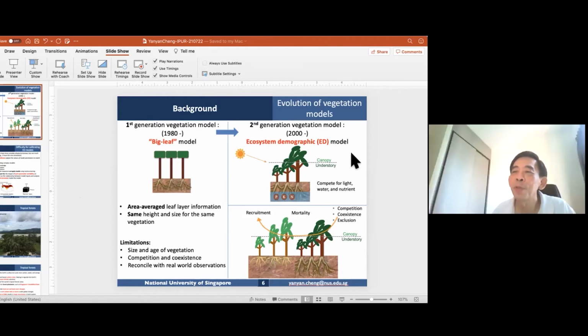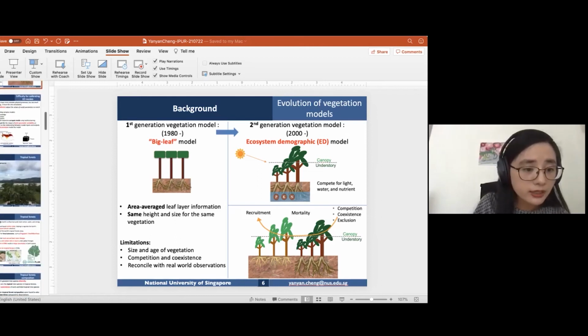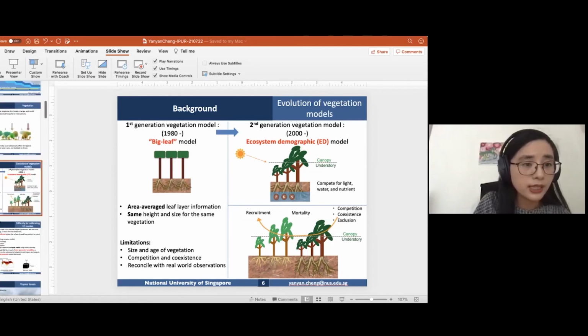But if the scale is too small, imagine I just model, let's say, NUS. Yeah, I know. So that's why here I give an example of how computationally expensive they are.